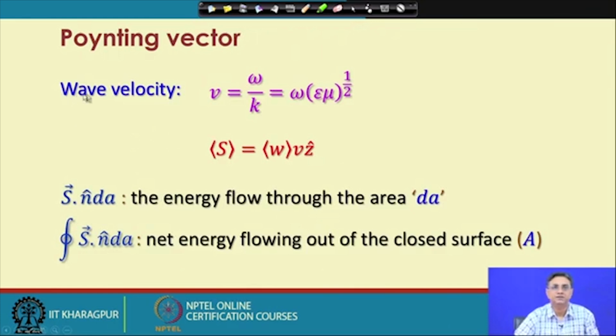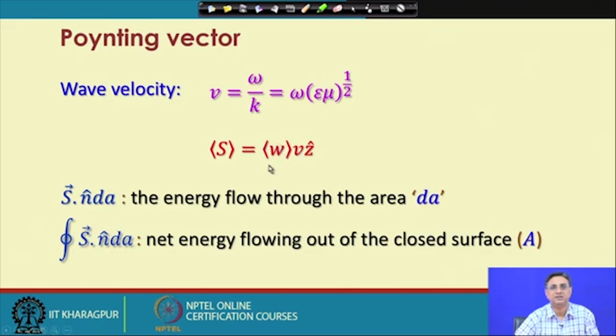Now, since the wave velocity of an electromagnetic wave can be given by V equal to omega by k, and k can be replaced by omega times mu epsilon to the power of half, we can write that the average value of the Poynting vector is equal to the average energy density into the velocity.